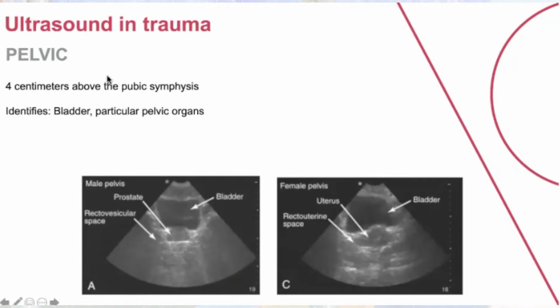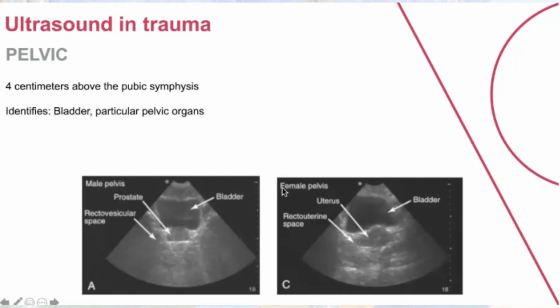When we talk about the pelvic window, we need to do the exam 4 centimeters above the pelvic symphysis, the pubic symphysis. Identify the bladder, and in particular pelvic organs like prostate or uterus.